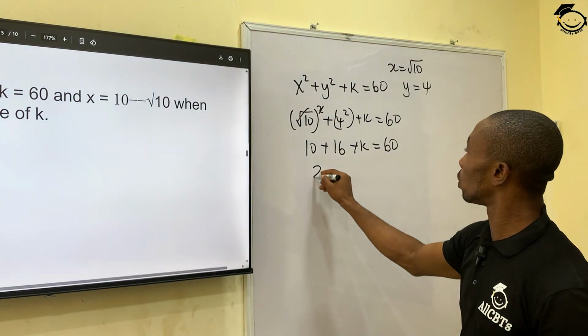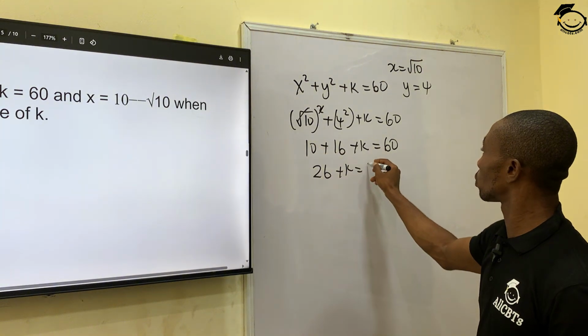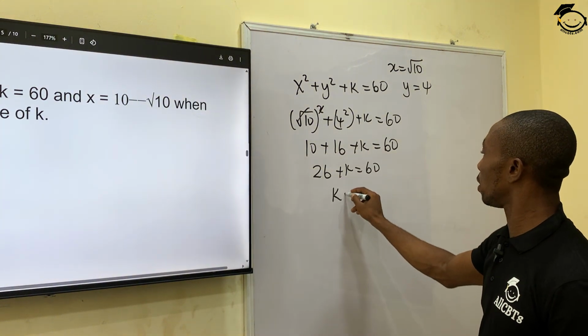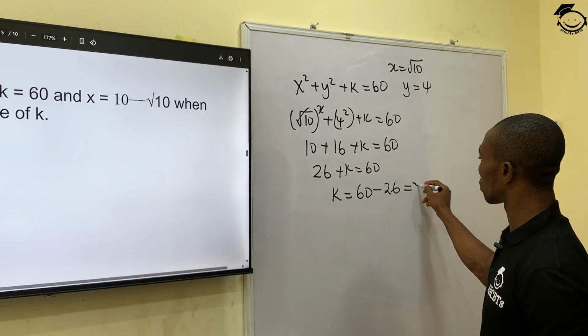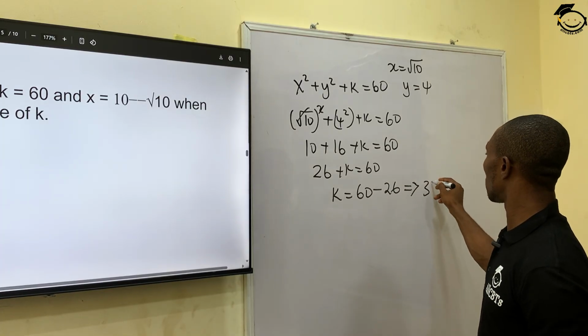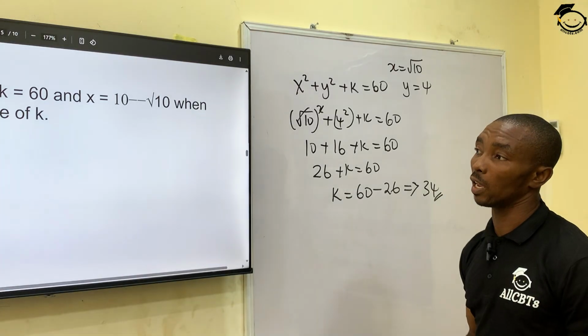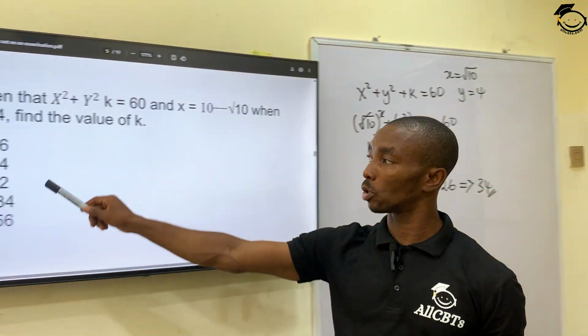So this gives us 26 plus k equals 60. Our k equals 60 minus 26, which gives us 34. So the value of k is 34, which is option B.